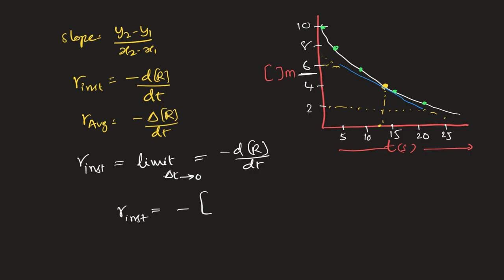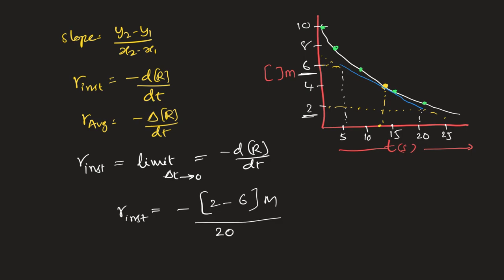So 6 is initial and now 2 is the final. Therefore 2 minus 6, this is in molarity, and in the denominator, the time at 6 is 5, at 2 is nearly 20.